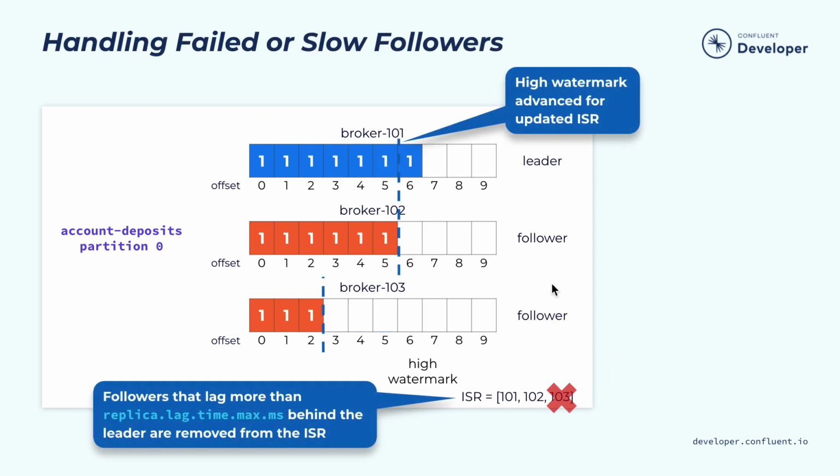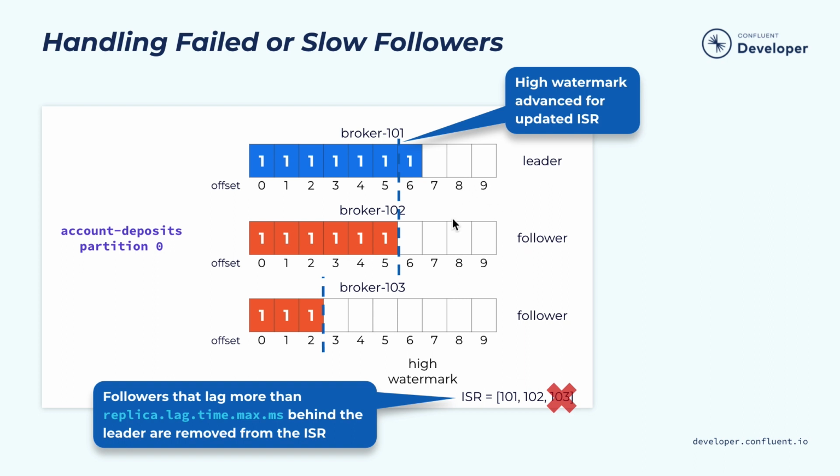Now let's take a look at how follower failure is handled. Sometimes a follower can fail, or sometimes a follower is just slow and can't catch up with the leader. In this case, if we keep waiting for that follower, then we'll never be able to advance the high watermark. So what we do instead is the leader keeps monitoring the progress of the follower.